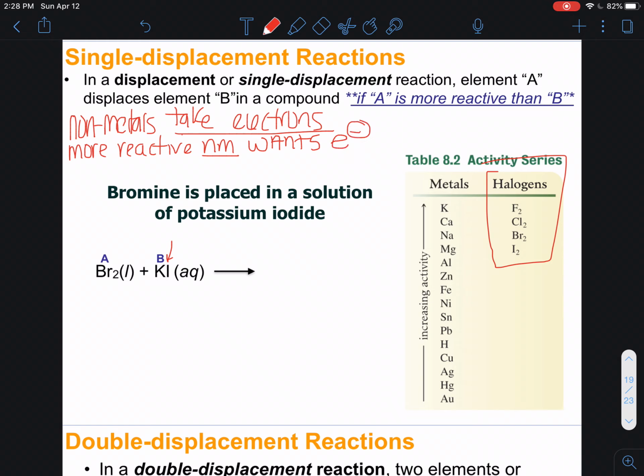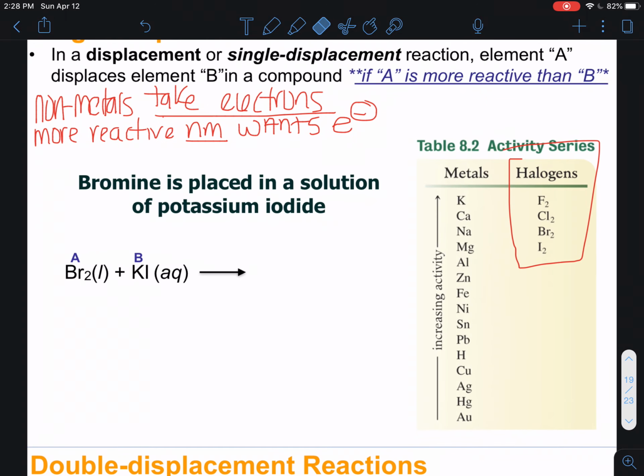So here, the charge on bromine, in its covalent form, is 0. Here, the charge on iodide is -1.